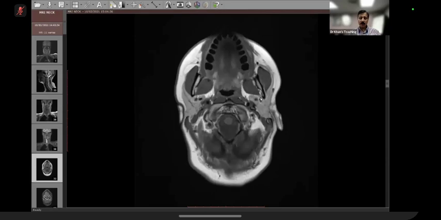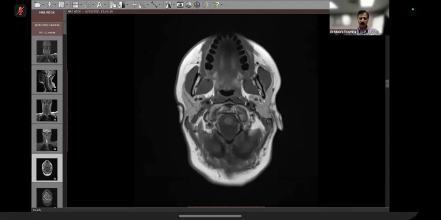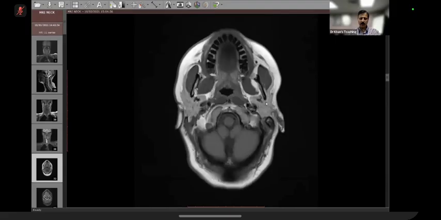So, similarly, when we report tumors of the parotid gland, we have to tell the clinicians if the deep lobe is involved or not, because the surgical approach or the planning will be different. So within the parotid gland, the facial nerve is there. You might not see it, but you can infer it.